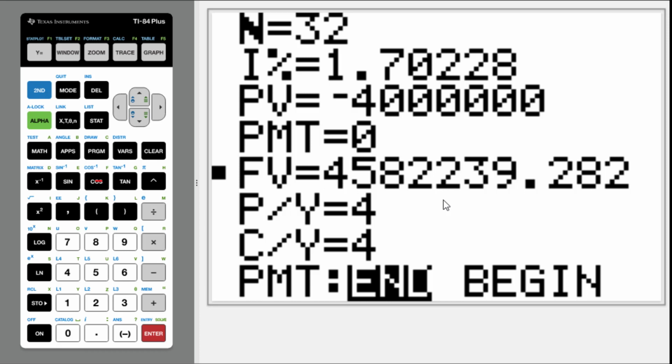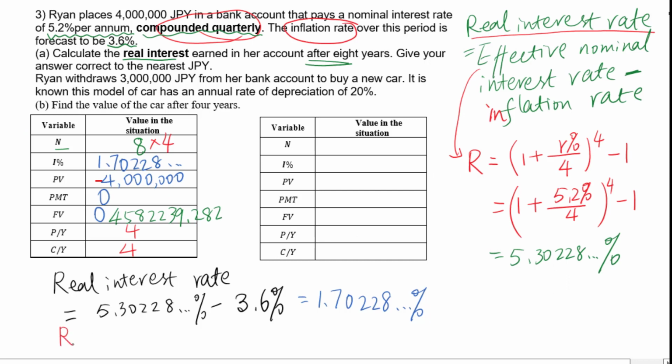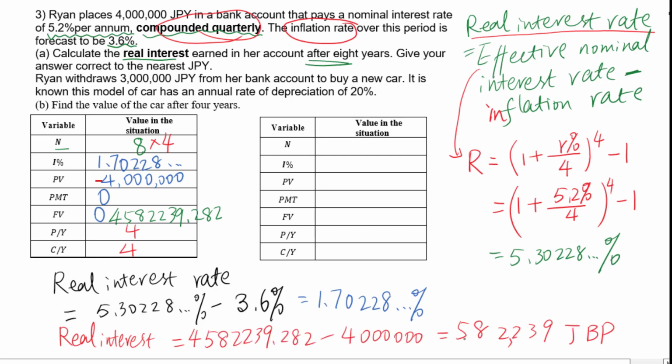We will get this answer. Then subtract the principal, and the real interest equals future value minus principal. That is 582,239 JPY, the real interest.